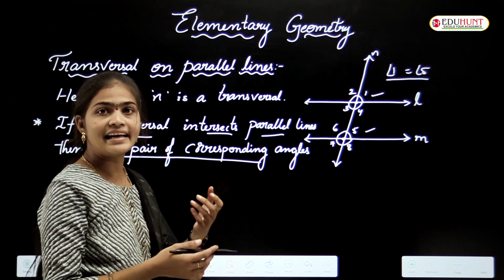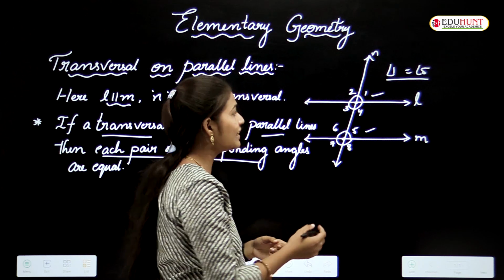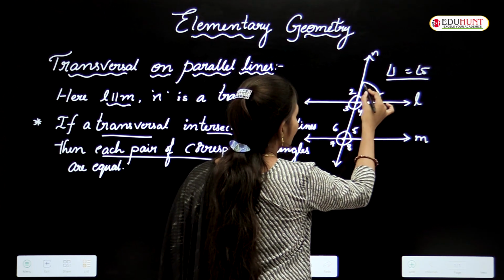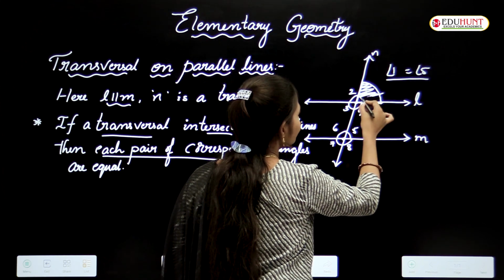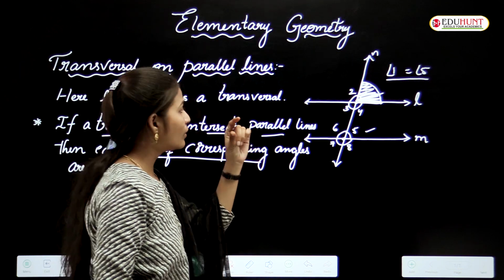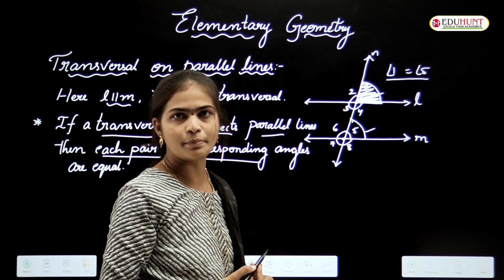Just take any color paper and cut it in a shape like this, a small piece in the shape of a quadrant. Trace this angle also by using the same piece of color paper.